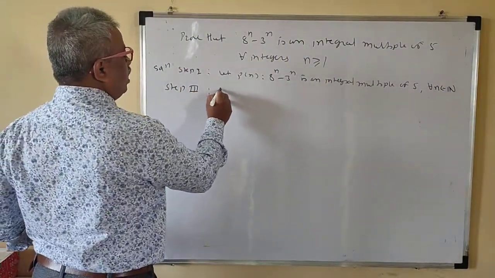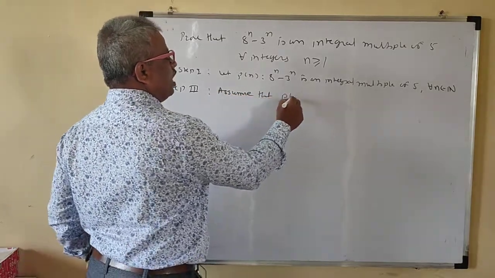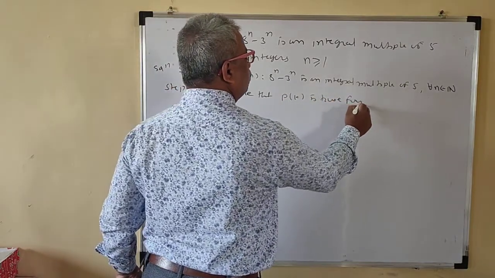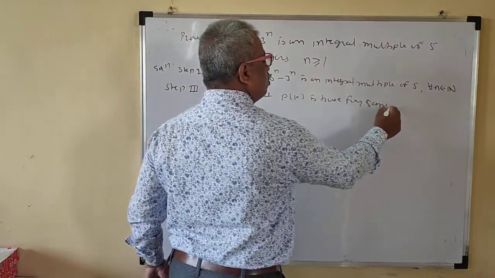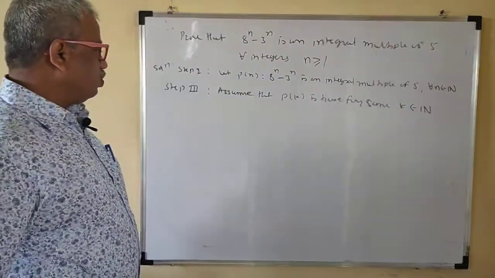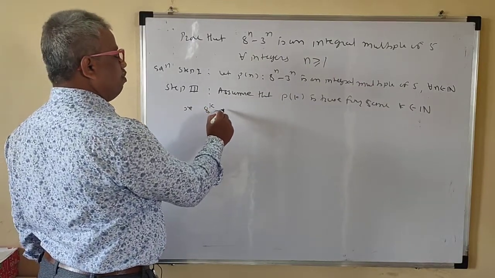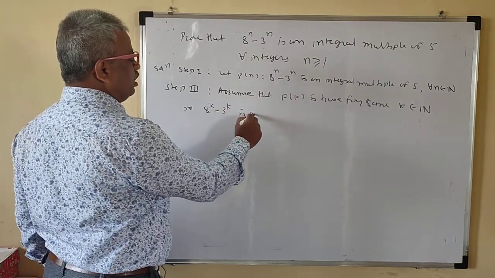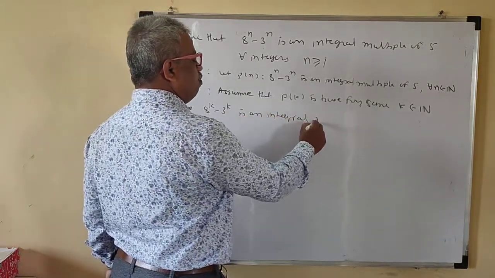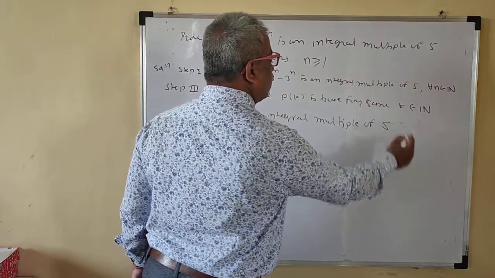Assume that Pk is true for some k belonging to N. That is, 8 raised to k minus 3 raised to k is an integral multiple of 5.